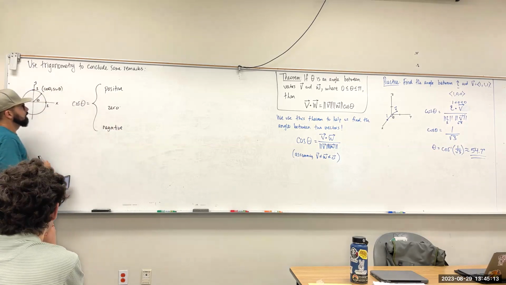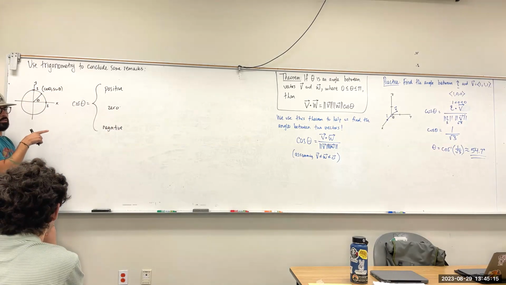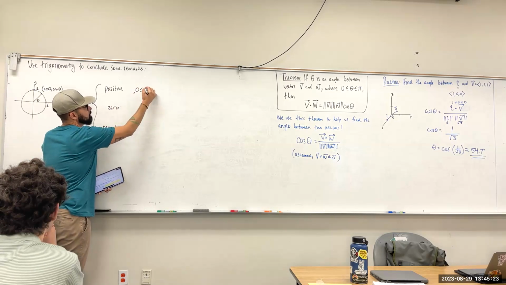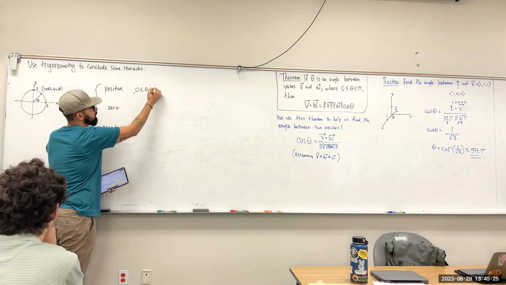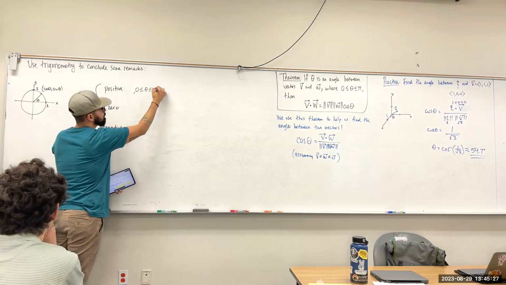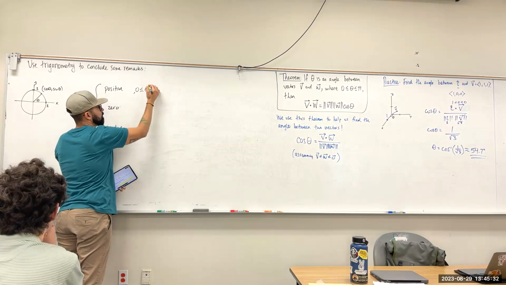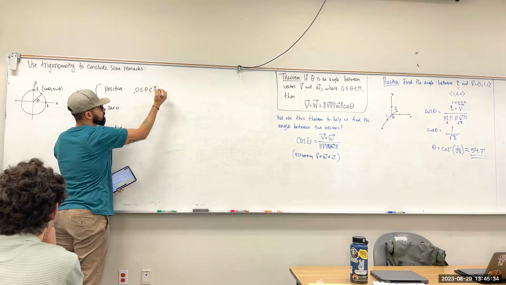Can you tell me for which angles cosine is going to be positive? If theta is from 0 to 90. Actually, does it include 90? No, right? So it goes up to pi over 2, but not including it.